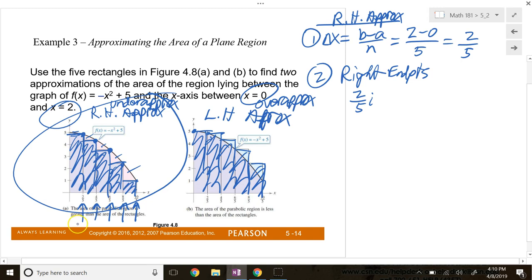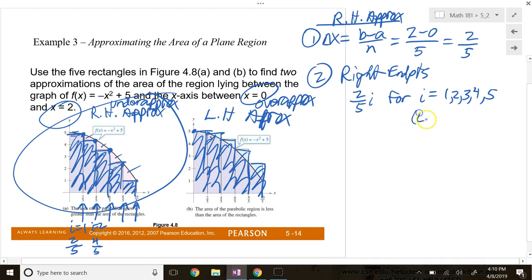So if i is 1, 2/5 times 1 is just 2/5. If i is 2, 2/5 times 2 is 4/5, and so on. So that's for i being 1 up to 5, for the right-hand approximation.